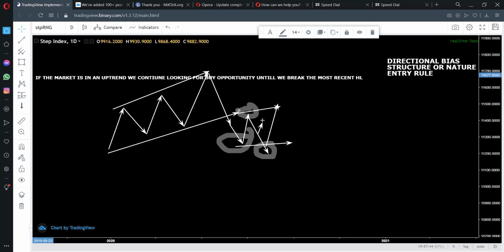It will retrace around this area, test the neckline, then continue the down move. If the price hits your stop loss, it means the trend is invalid, so you reanalyze the chart and take a new trade.